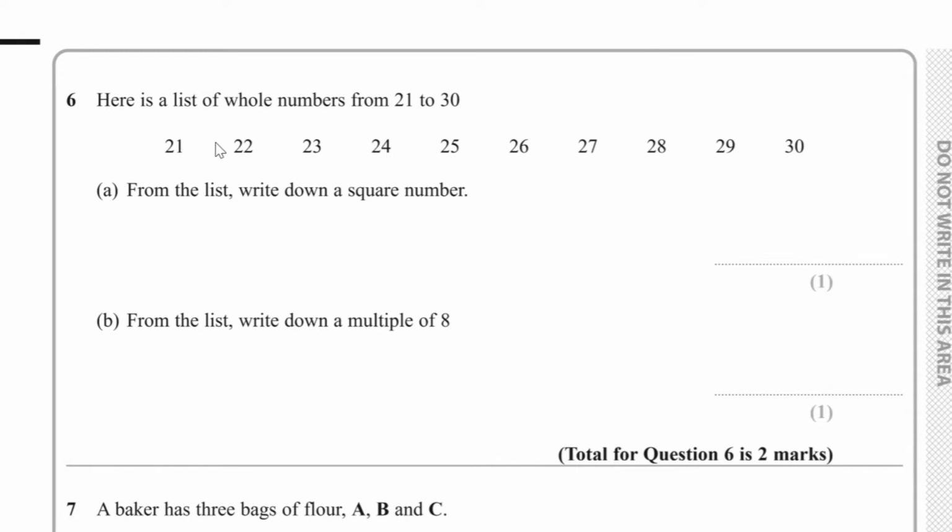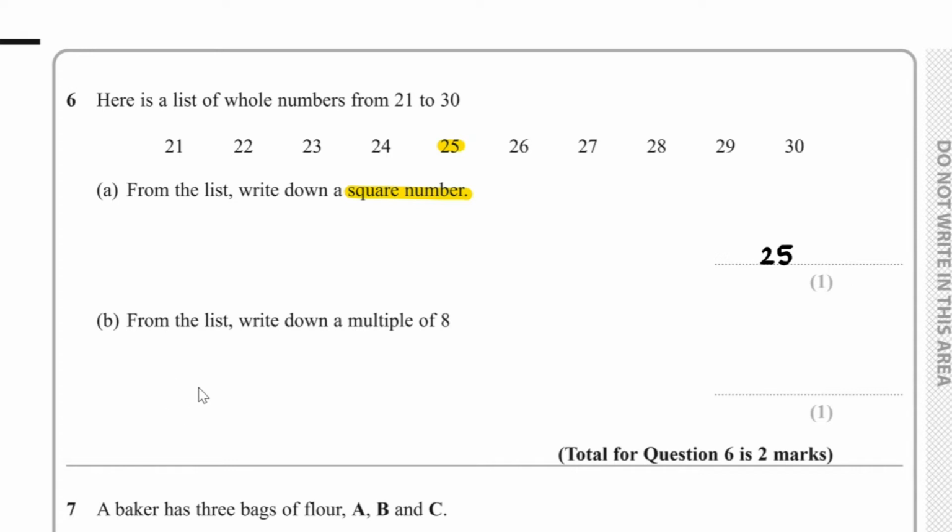Question number 6. Here is a list of whole numbers from 21 to 30. For part A, we have to, from the list, write down a square number. Well, a square number will be this 25. 5 times 5 gives 25. 25 is a square number.